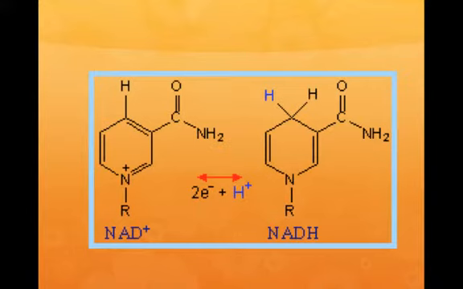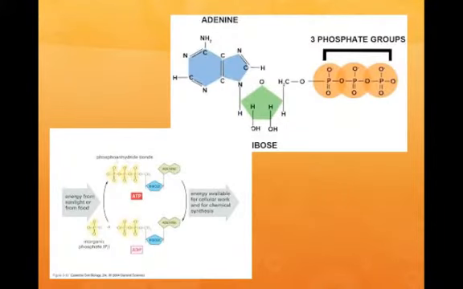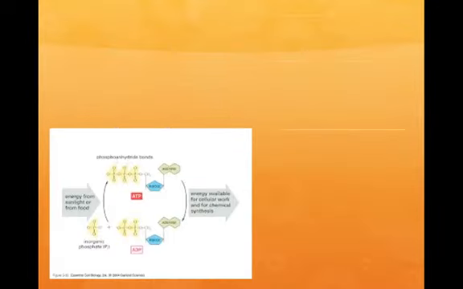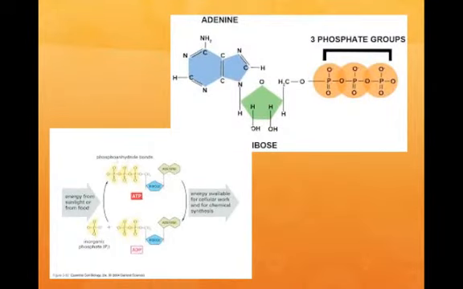Now, there are two really important molecules that we should probably focus on. One of them is adenosine triphosphate. This molecule here is called ribose, the green. It's attached to a nitrogenous base called adenine.